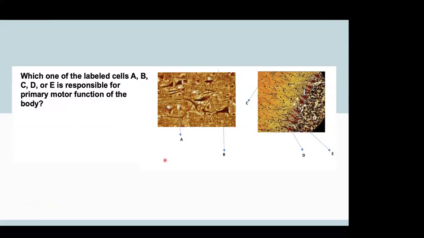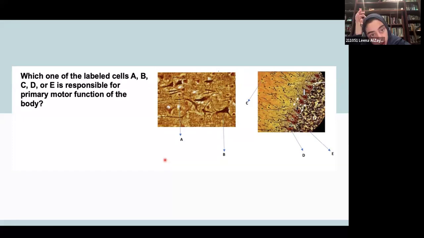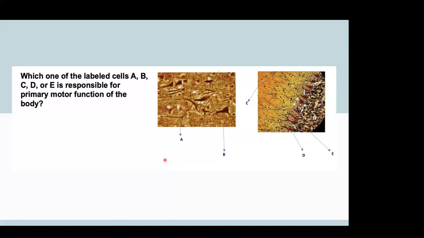Okay, so we're looking for motor neurons. What type of neurons are motor neurons in terms of shape? Multipolar. And I think B. The answer would be B. Yes, perfect.